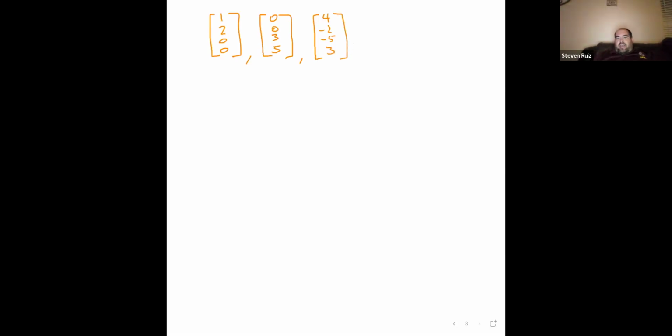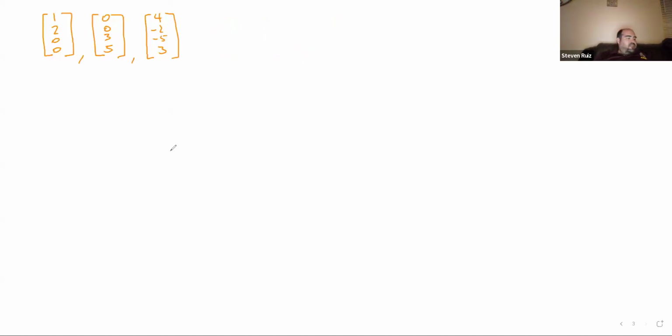Part A says to determine whether this set of vectors is orthogonal. So how do we determine if a set of vectors is orthogonal?